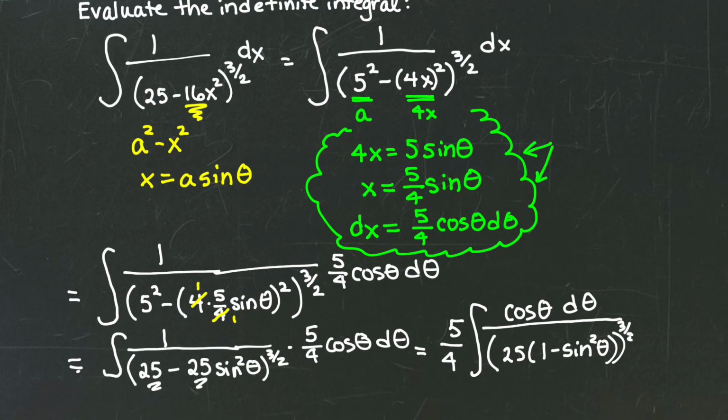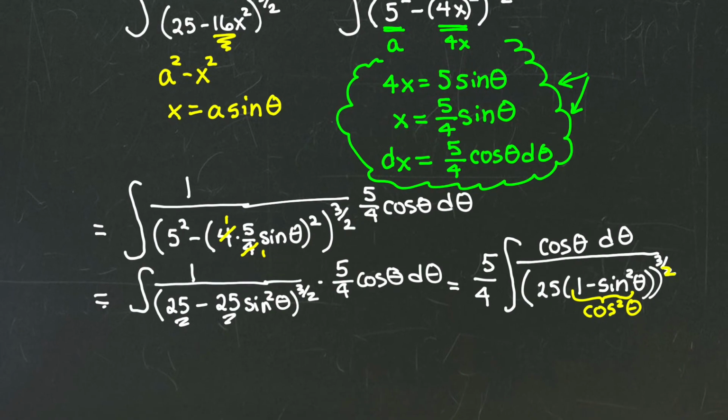And we like that, because 1 minus sine squared converts right into cosine squared. And we've got this extra square root out there, so everything's going to turn out really nice as we go forward.